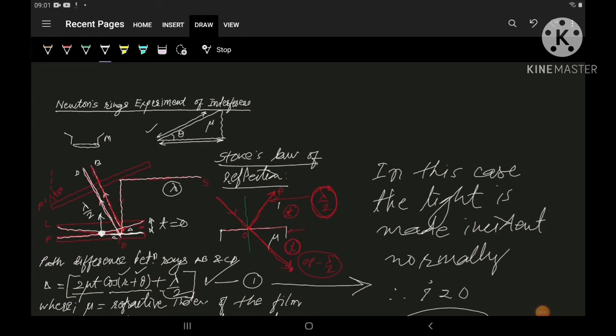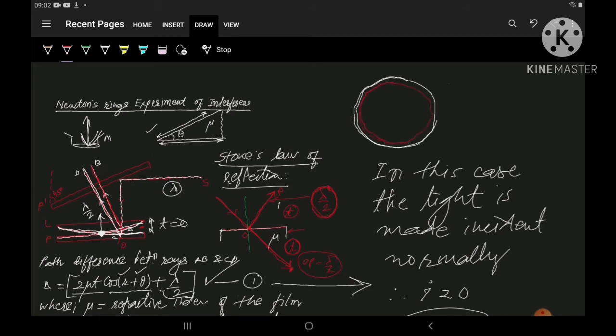Now to study about the shape of fringe, let us consider the vertical view of this arrangement. Vertical view means if we see from the microscope M, then which type of appearance will be there. So in the vertical view, the glass plate will be circular also, and the plano-convex lens will appear also circular.